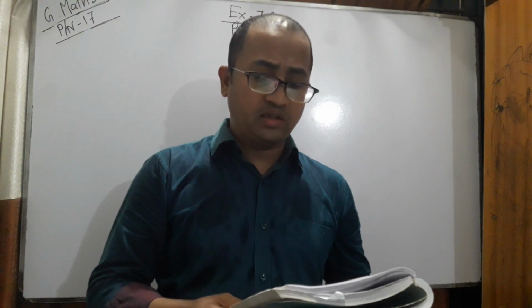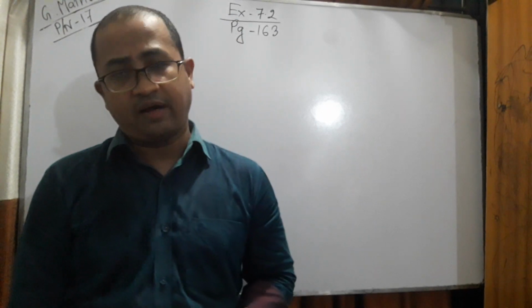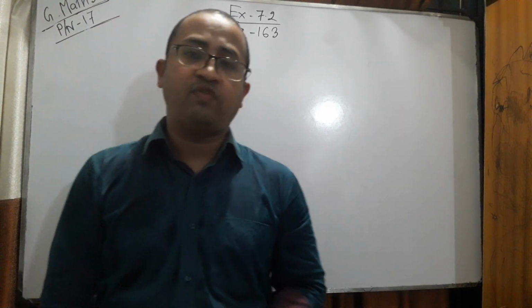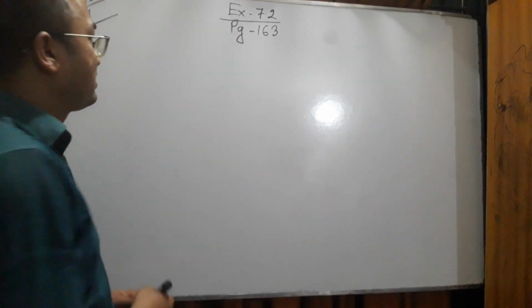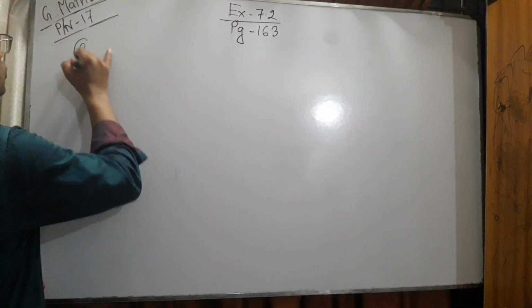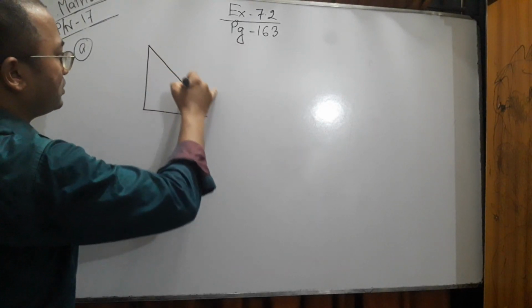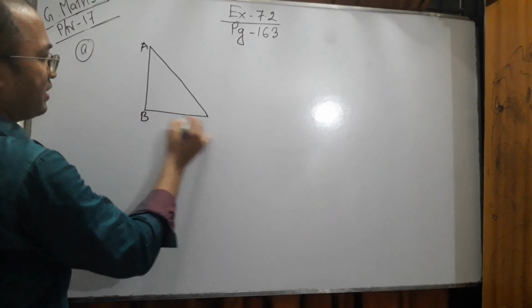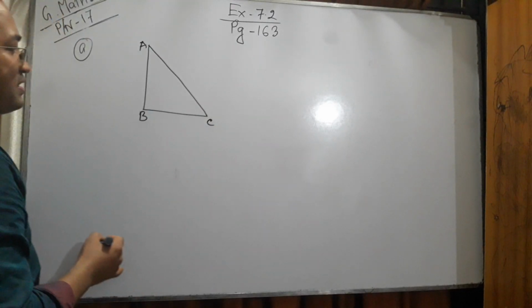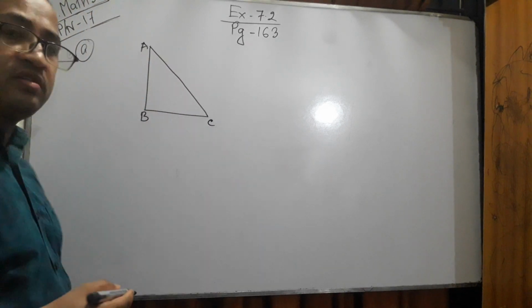So at first I will solve question number 1: find the length of the other side of the triangle. In a right angle triangle, the length of the hypotenuse and one side are given. We will find out the other side. To solve this, at first you should draw a right angle triangle. Say this is a right angle triangle ABC. Which one is the hypotenuse here?